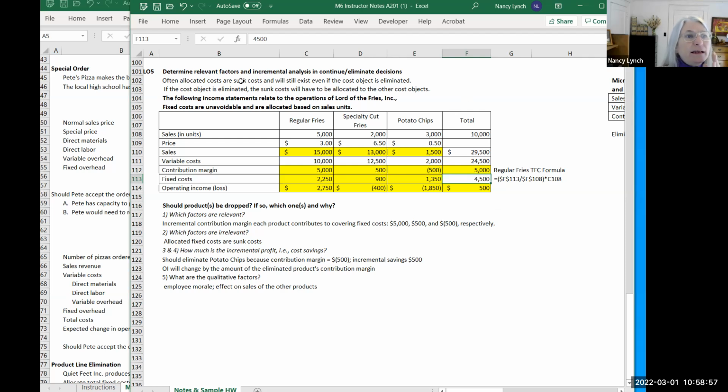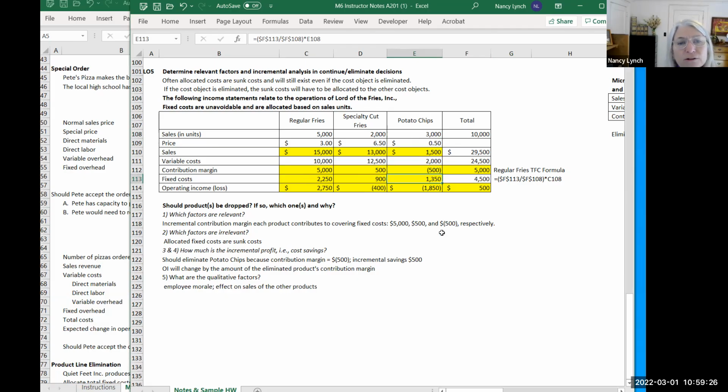That gets allocated in accordance with this example based on the number of units. So basically, the amount of overhead that gets allocated is based on how many units. Well, as soon as you eliminate something, let's just look at one where we're considering eliminating the potato chips right here.